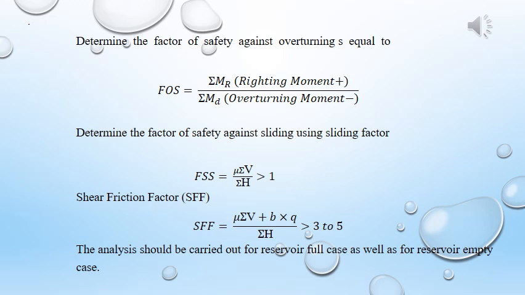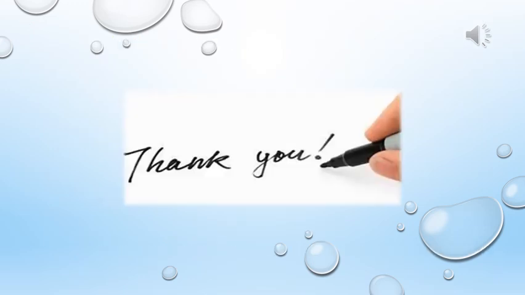So, SFF is equal to mu times summation of V plus B into Q. So, Q is the shear strength of the joint, and that will vary from 1400 to 4000 kilonewton per meter square according to the conditions of the rock. So, that should be more than, in between 3 to 5. This analysis should be carried out for the reservoir full case as well as reservoir empty conditions.